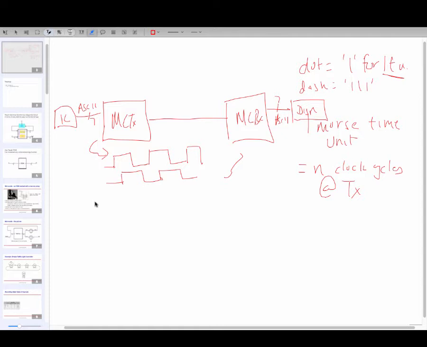And then those symbols have to be sent out serially over the wire. That could be done by yet another state machine or through some sort of a shift register. So you can think of the MCTX as having 2 sides: one side is a stage which is doing the actual coding, and the other side is the interaction with the keyboard.